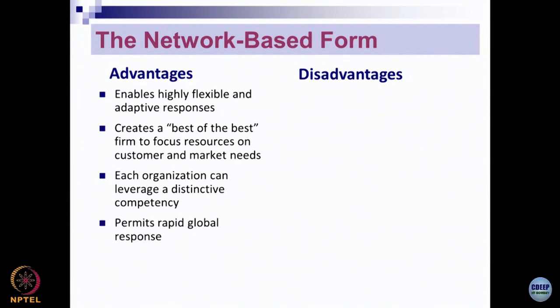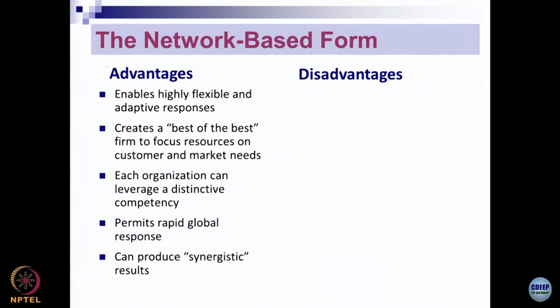It permits the rapid global response. As I explained before, with the network organization you can reach out to any part of the world without actually starting your own operations there, at a very fast speed.